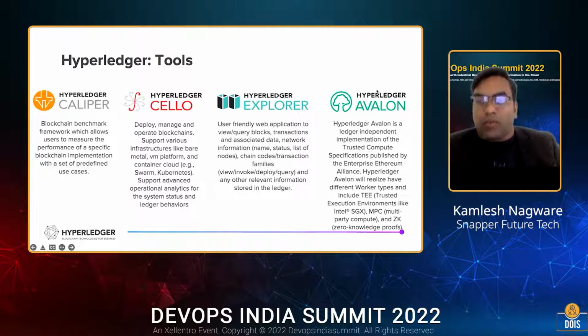Avalon is one of the projects which enables existing projects to write code and build solutions compliant with this trusted execution environment. For example, with Intel SGX, there is a TEE-level component where you could run code without exposing your actual information or data, a kind of zero-knowledge-proof context execution.